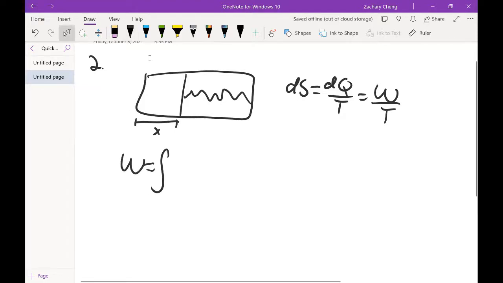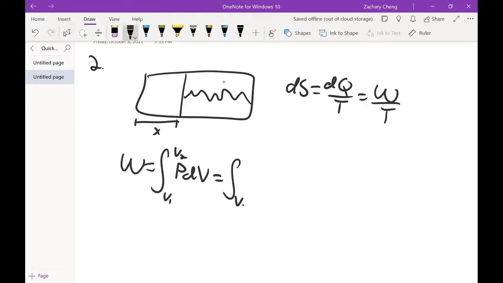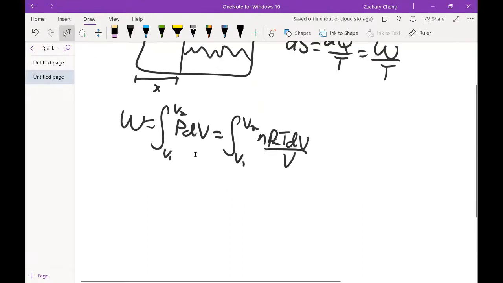since dW is equal to P dV, this would be the integral of P dV from V1 to V2. And so this is, of course, equal to the integral from V1 to V2 of nRT dV over V, since from the ideal gas law, PV is equal to nRT.